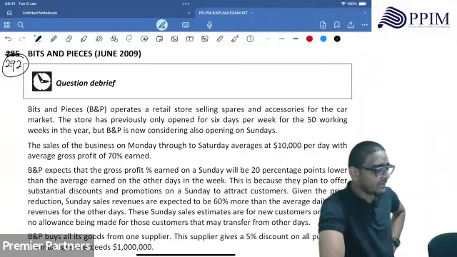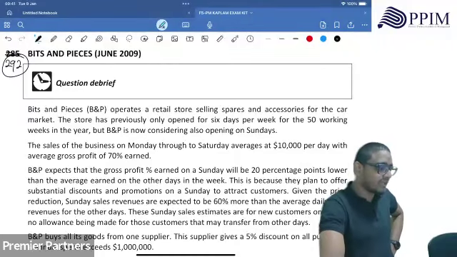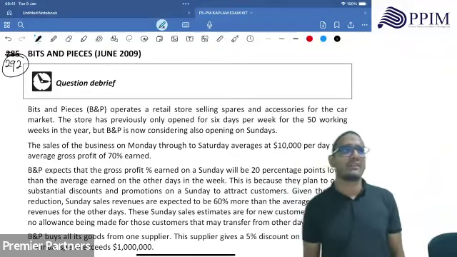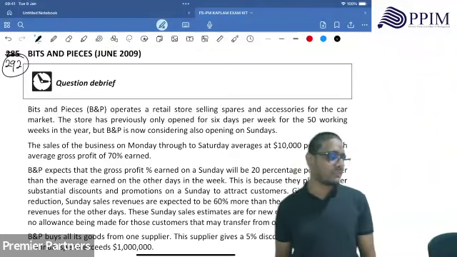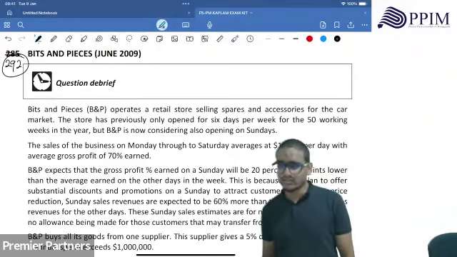Do they open on Sunday or stay closed? Once you know that, it makes life a little easier, because as you read through, you are trying to figure out whether each item has to be considered as a Sunday cost.